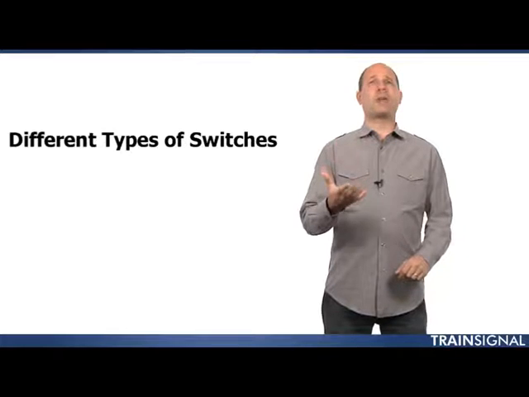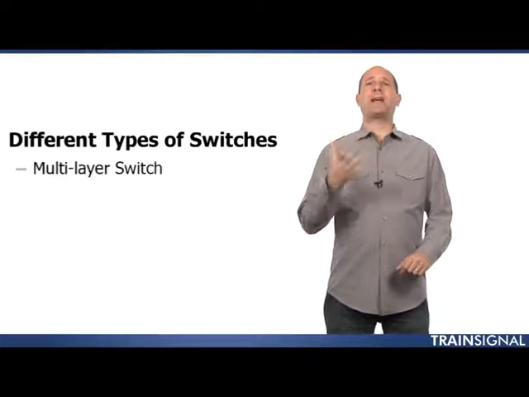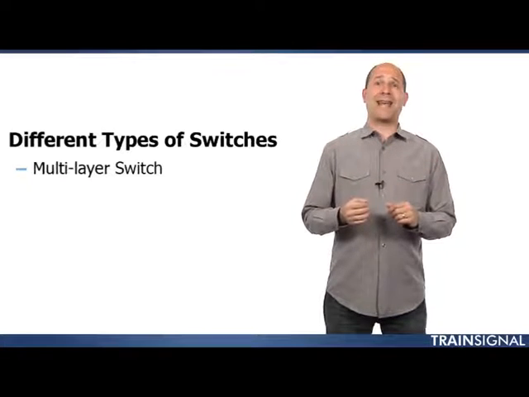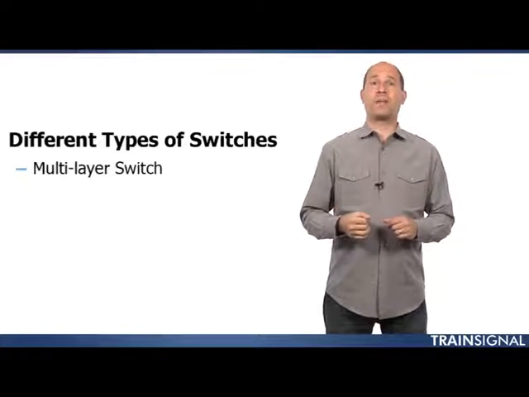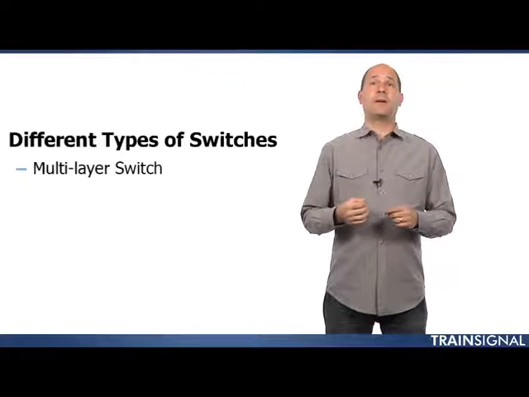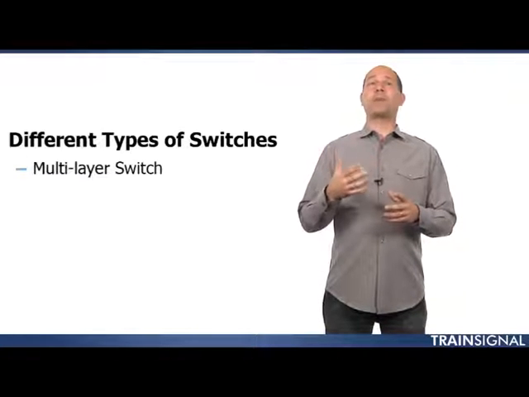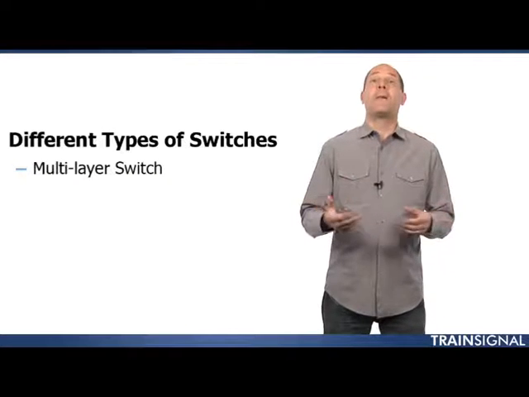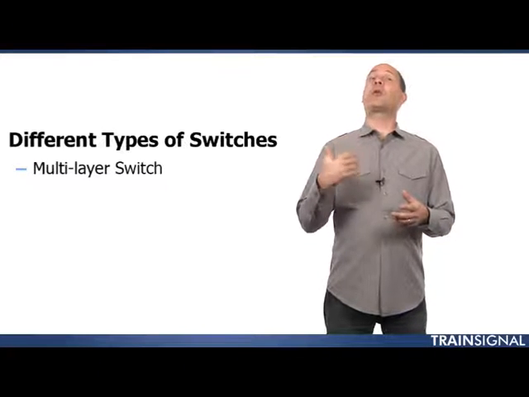So the first thing that I want to talk to you about is something called a multi-layer switch. Now, I mentioned that a switch functions at the data link layer of the OSI model, and it does. But people, and when I say people, I'm talking about different manufacturers of network devices, have started to get a little bit creative.